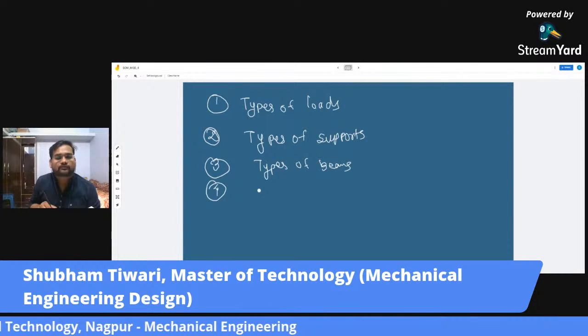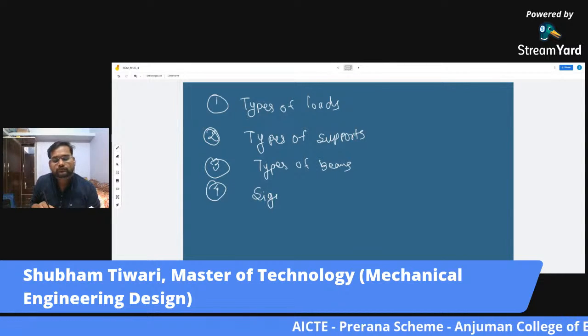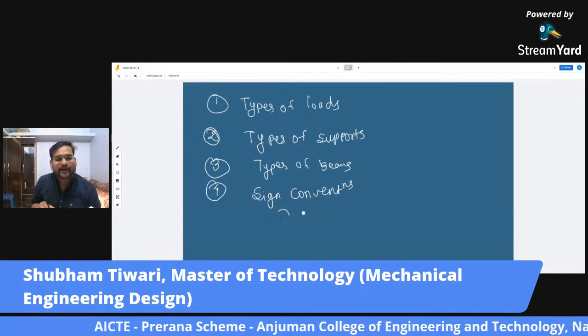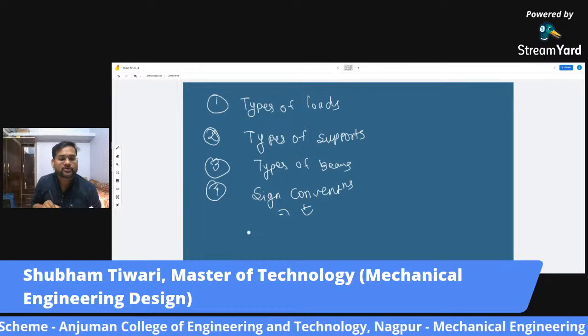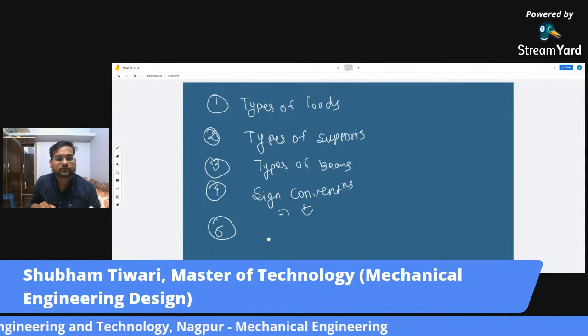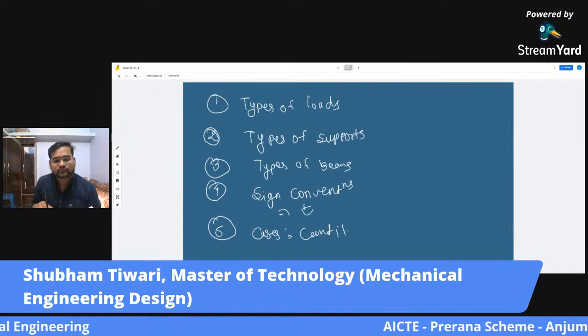Then we studied sign conventions, the hogging and sagging part. This is negative and this is positive. Then we took these cases on cantilever beam.